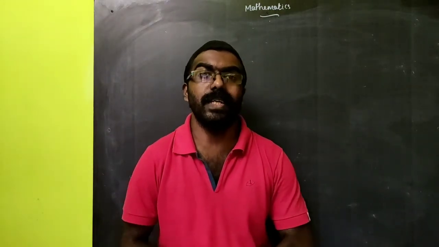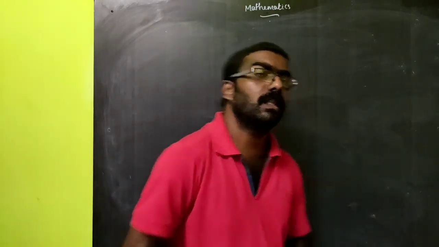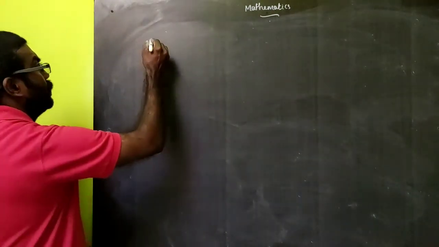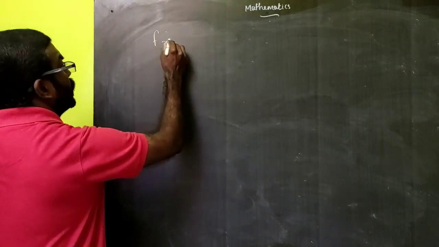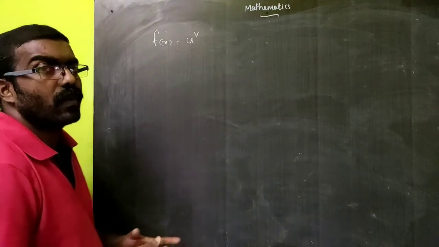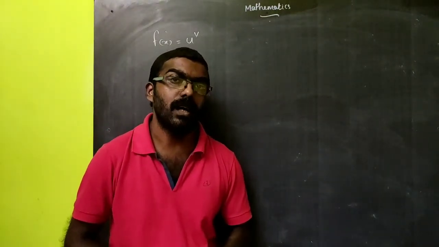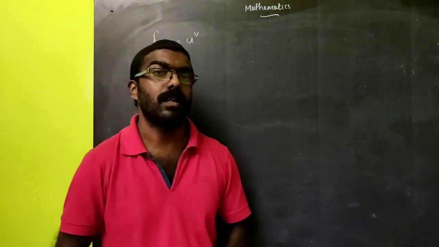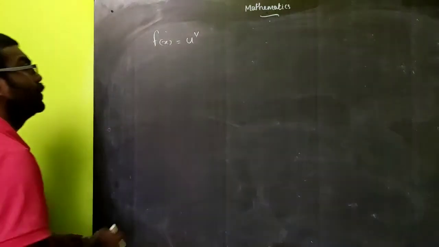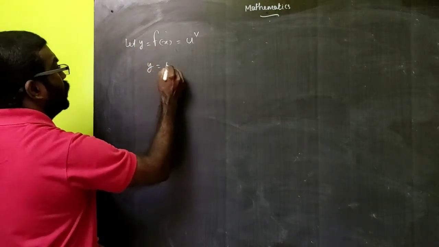It is one of the very important topics in this chapter. If a function f of x is of the form u raised to v, where u and v are functions of x, then we can apply logarithmic differentiation. We can take the logarithm on both sides. Let it be y, so y is equal to u raised to v.